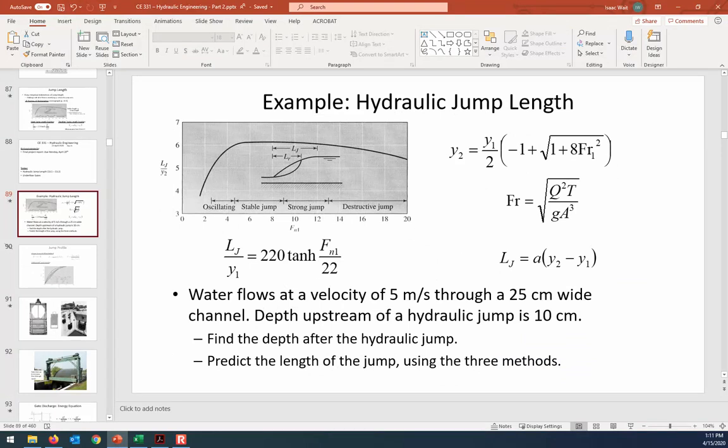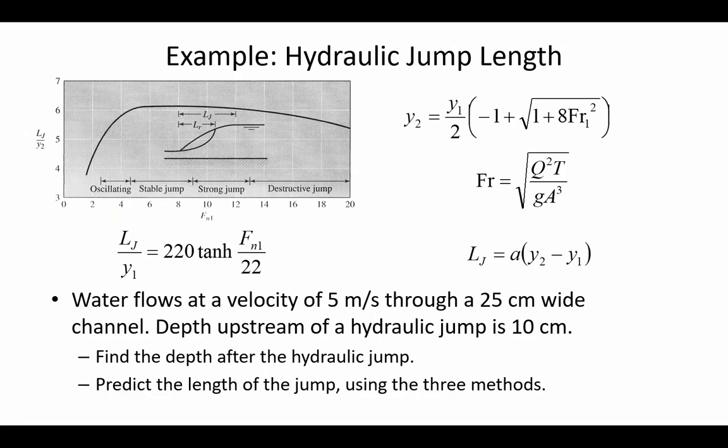So here on this figure, we calculated that the Froude number is 5, and so we start on the figure here and go up to the curve, and then over to the left. And so that is about just greater than 6, maybe 6.1. So 6.1 equals the length of the jump divided by y2.